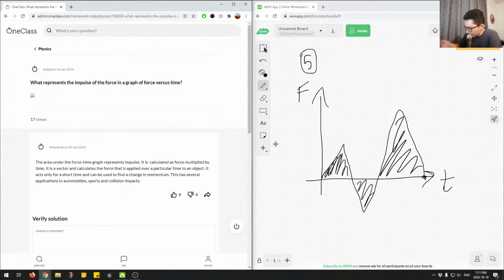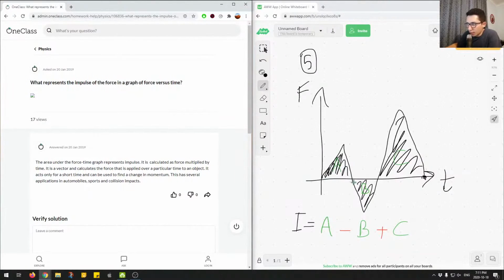So if you had, let's call this I for impulse, and you had areas A, B, C, you would do plus, minus, plus. So you'd add A, subtract B, and add C. This is above, this is below, this is above, and that's how the summation would work.